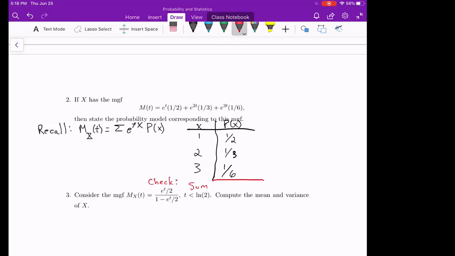I'm going to see if the sum of the probabilities is 1, and we've got 1/2 is 3/6. 1/3 is 2/6. So I'm getting a common denominator. 1/6 is as is, which is 6/6, which is 1. So it works out. And this table corresponds to our probability model. That's the answer that it's looking for in problem number 2.